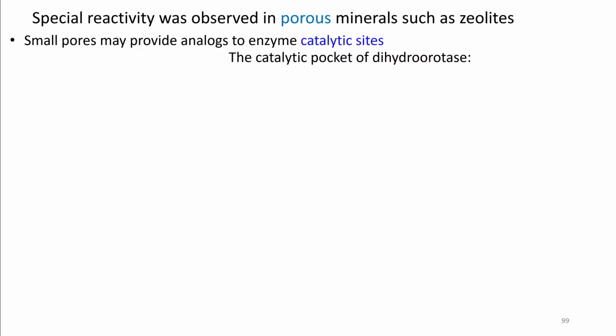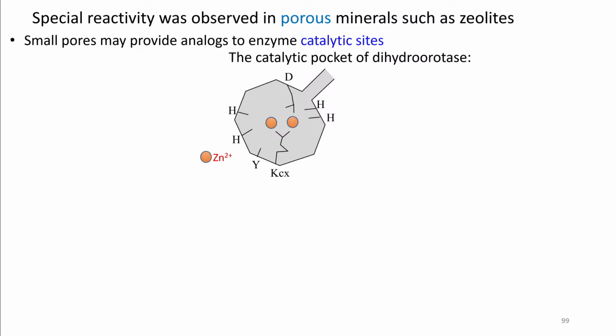Another point that was interesting in this thesis was the analogy between the biological catalyst of today and some of the mineral catalysts that were proposed instead. This is the reactive site in dihydroorotase, the enzyme that synthesizes one of the intermediate products, dihydroorotate.